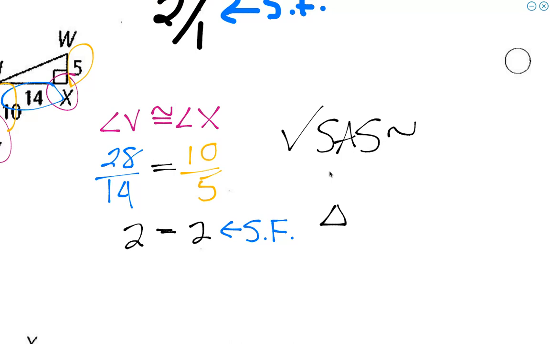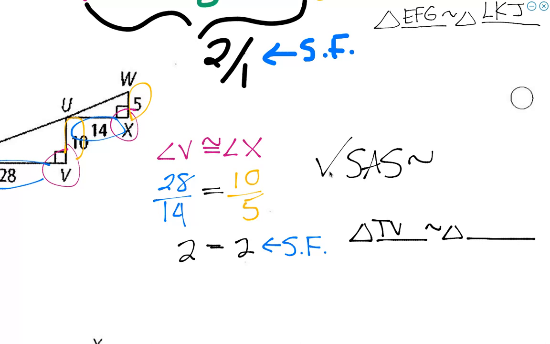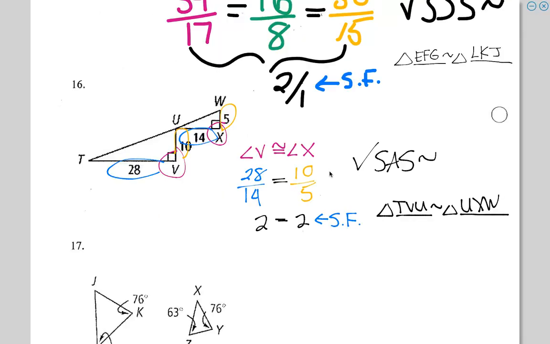And our similarity statement, I'm going to go with TVU goes with UXW. And I'll show you that. T goes with U, V goes with X, and U in this triangle goes with W in this triangle.